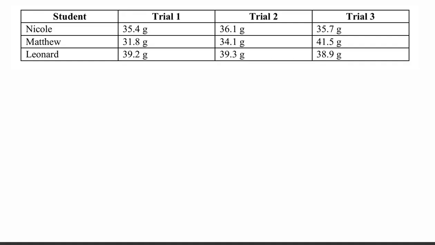Okay, so the first thing, we are going to find the mean. As you can remember, I said we are going to find the mean. So I'm going to start and find the mean for Nicole. How do we find the mean? The mean is found by adding the trials.